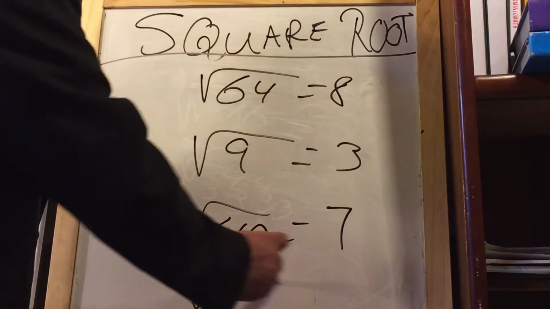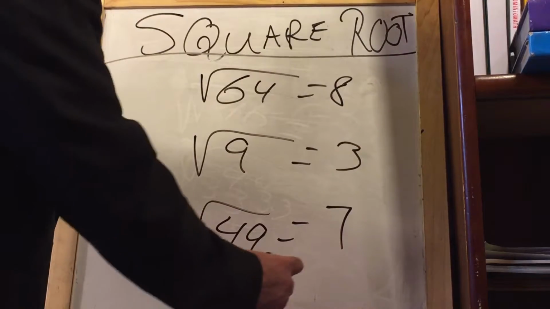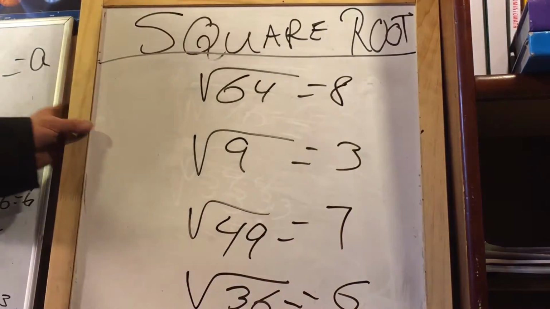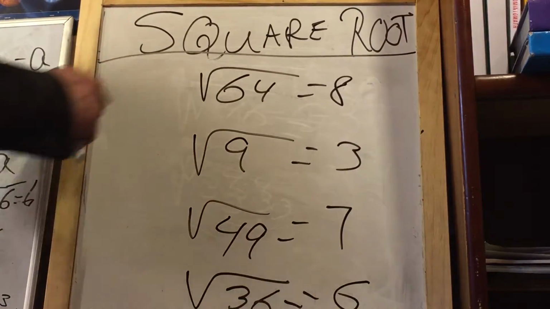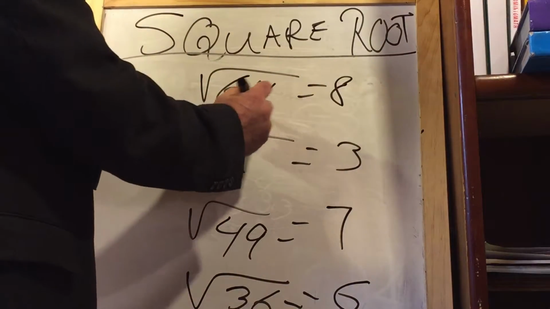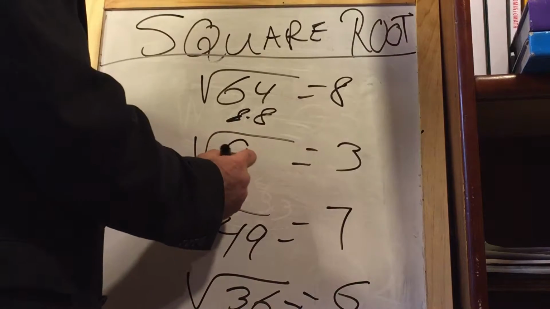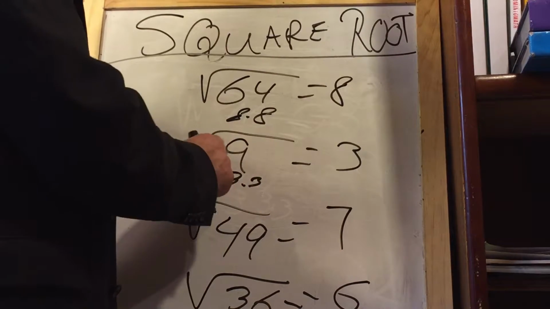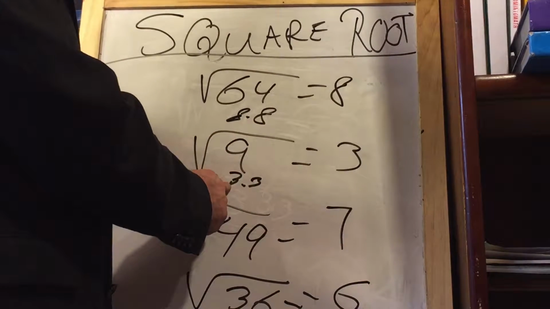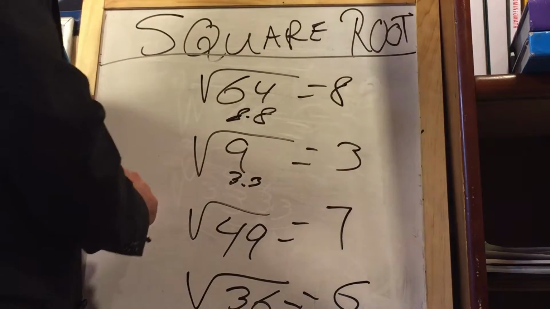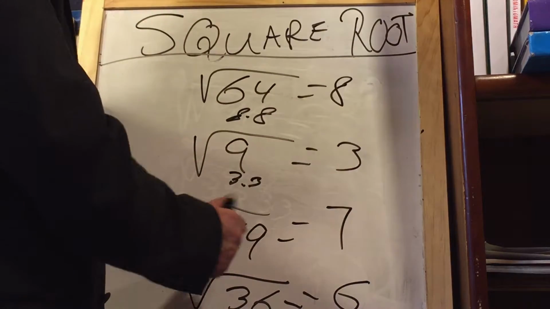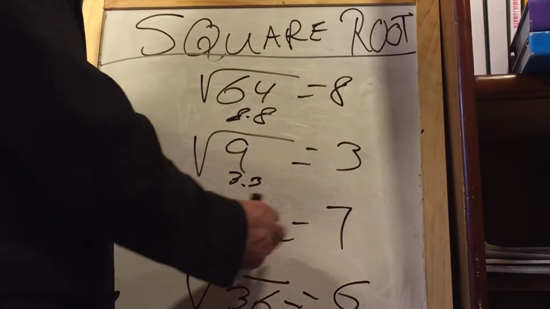What is square root of 36? Equals 6. You follow me? So this one here is 8 times 8, same as 64. This one is 3 times 3, so 3 is the answer here. And this one, 7 times 7 is 49.